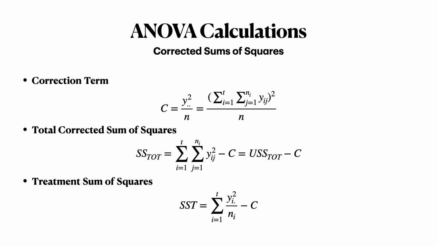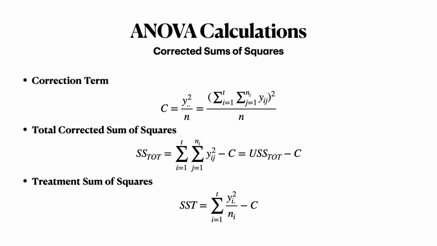Now, once we have this correction term, we subtract it from the total uncorrected sum of squares to get the total corrected sum of squares. And so you can see the calculation here. We also need what is called the treatment sum of squares, which we will denote by SST.